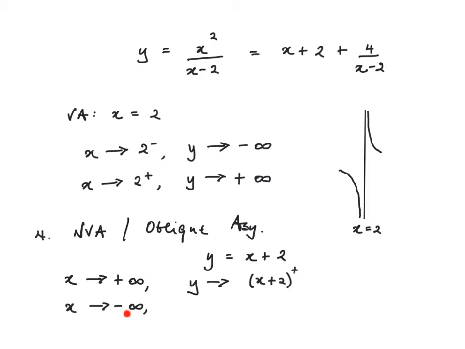Now when x is large and negative, again the minus 2 is irrelevant, so we have 4 divided by a very large negative value, which is a very small negative value. Now that negative undoes the effect of the positive, so what we have then is that y tends to x plus 2 from below. And I can make a rough sketch of what's happening.